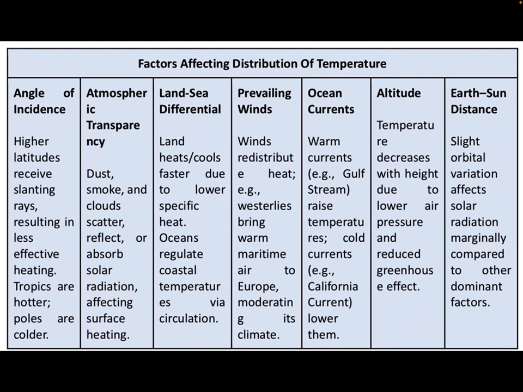And also atmospheric transparency. It means if smoke, dust or a non-transparent layer is present in the atmosphere, it will result in less insolation of sun rays reaching the earth's atmosphere, which results in lower temperature.